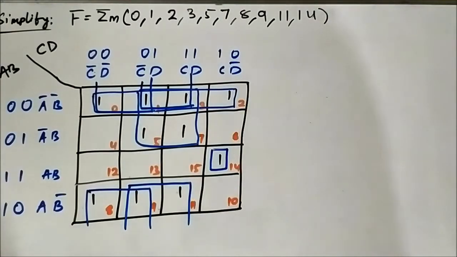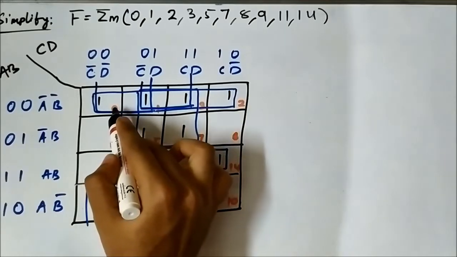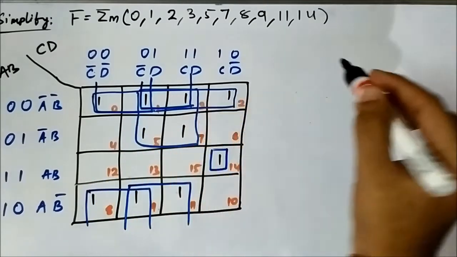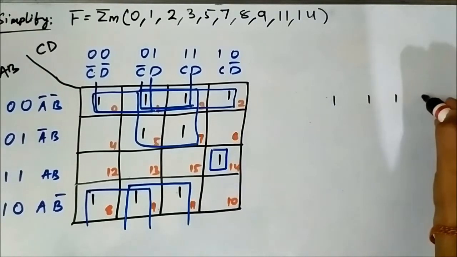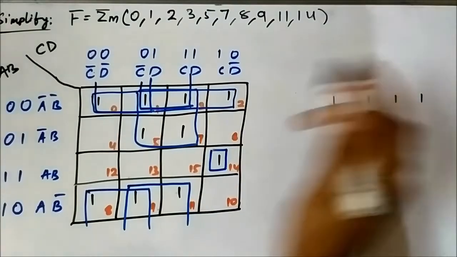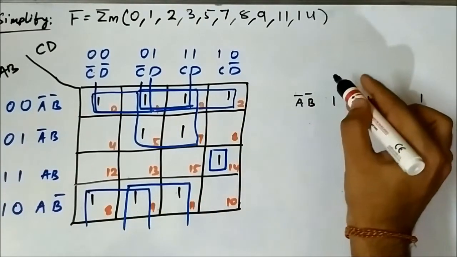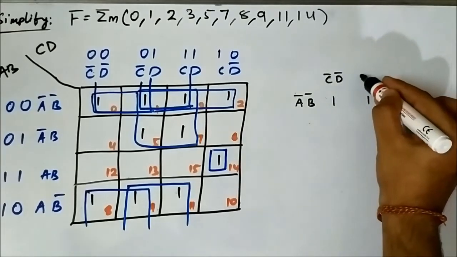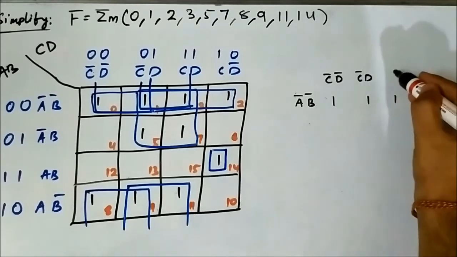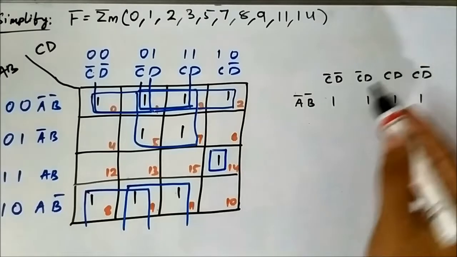Now we have to find the common variables. So first, this quad involving cells 0, 1, 3 and 2. Okay, horizontal component A bar, B bar, vertical components C bar D bar, C bar D, C D, C D bar.